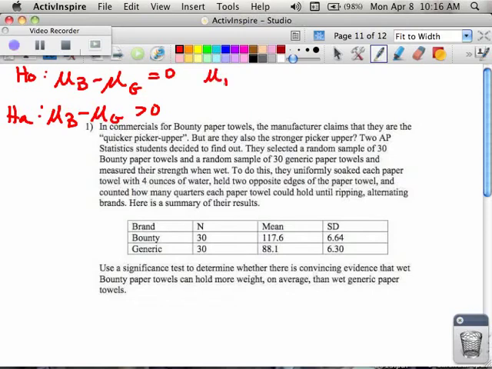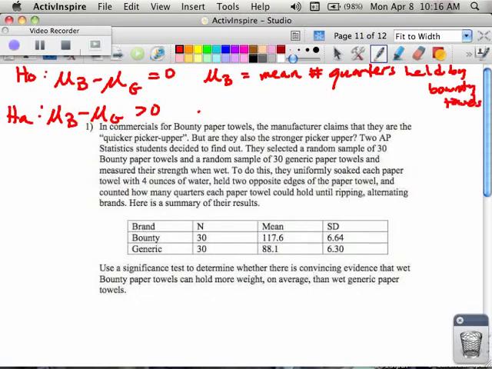So you say mu B is the mean number of quarters held by Bounty towels.